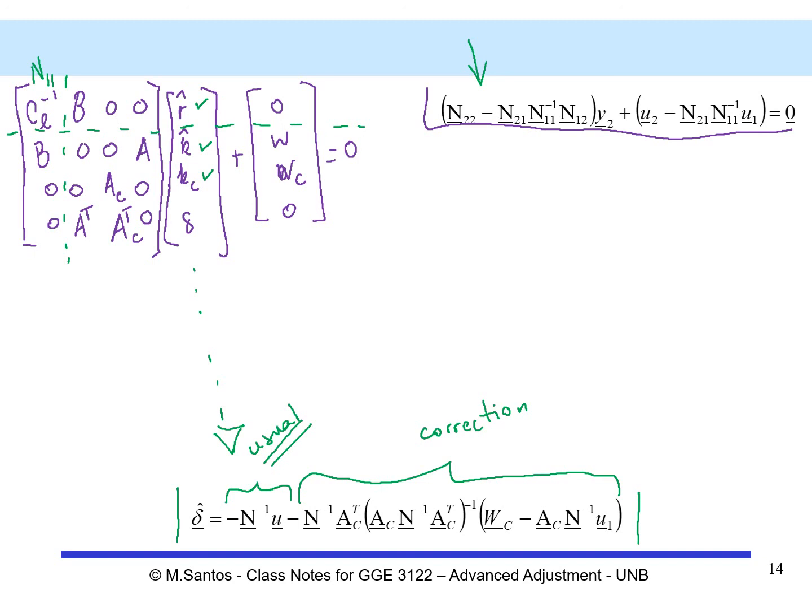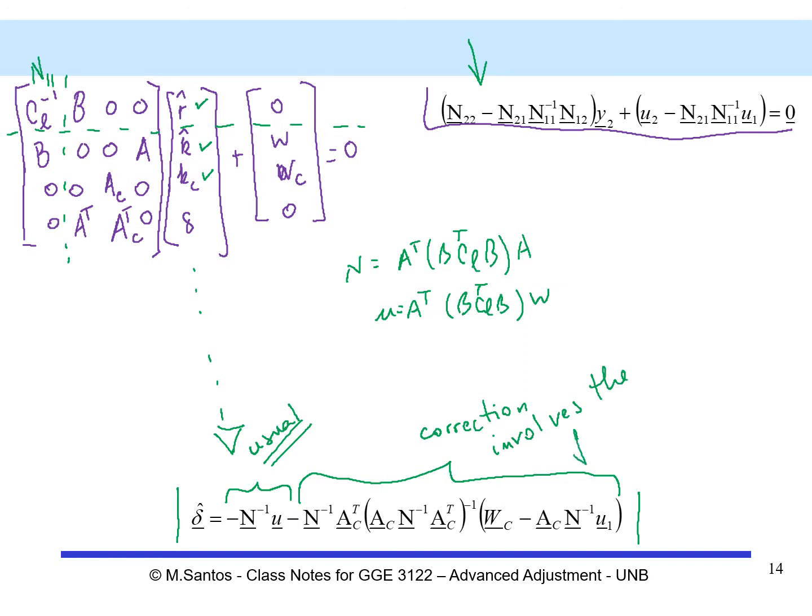N is the usual A transpose B transpose B A. U is the usual A transpose B CL B transpose W. So this is the usual, and now we have a correction which involves the functional constraints.